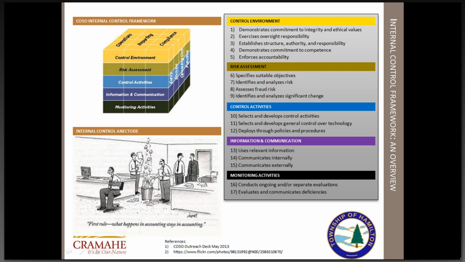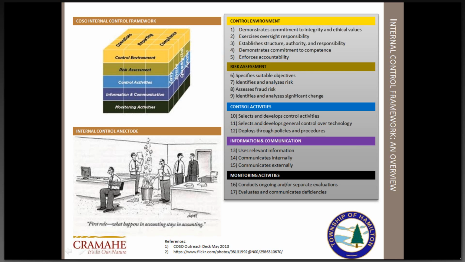Each of these components has a section dedicated to it within this webinar. However, referring back to the cube at the top left, these components can govern operations, compliance, and reporting. And if you look along the right, they can be applied against an entity, division, operating unit, or function. In the context of Hamilton and Crammy, the internal control framework was applied at the function level.